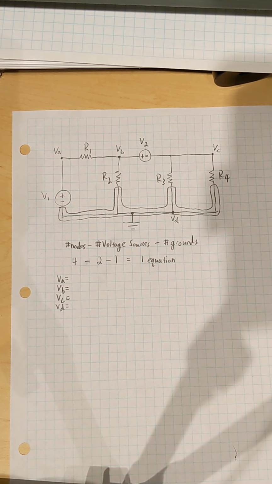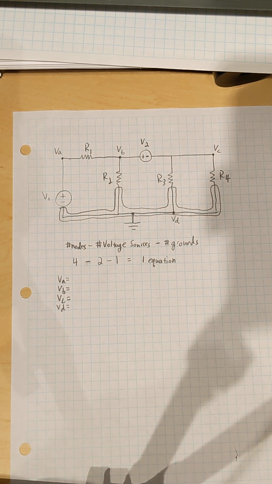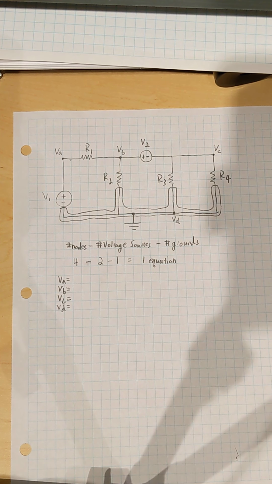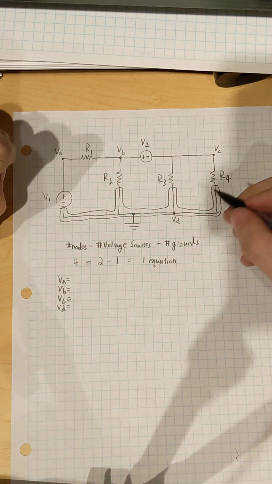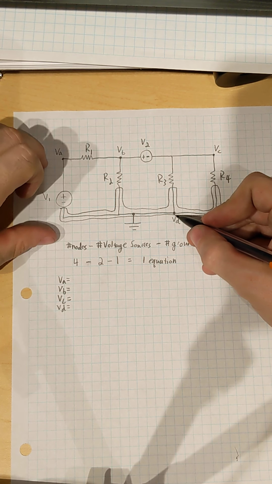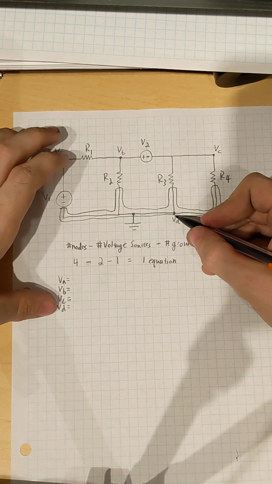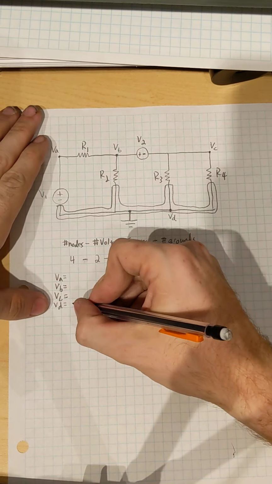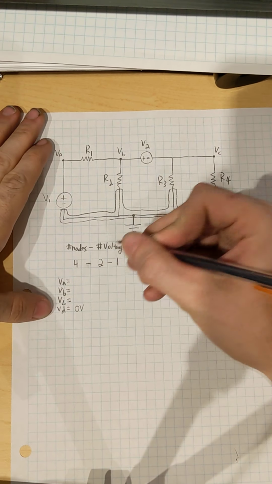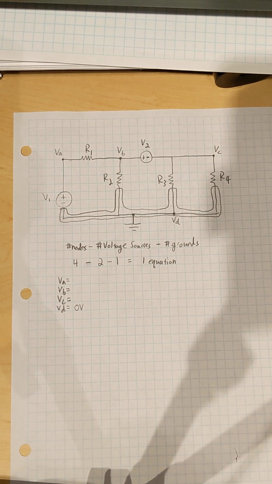And now for this step, I'm going to write these nodal voltages either directly or indirectly in terms of any source that they're attached to. So for VD, I know because it's grounded that VD will be 0 volts. So I'm going to write that down, 0 volts. The ground is usually the easiest one to find.